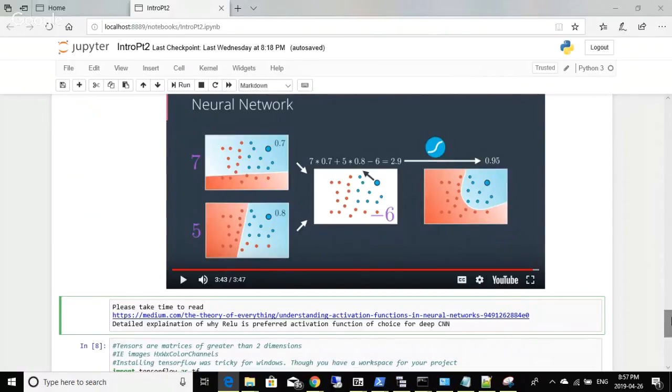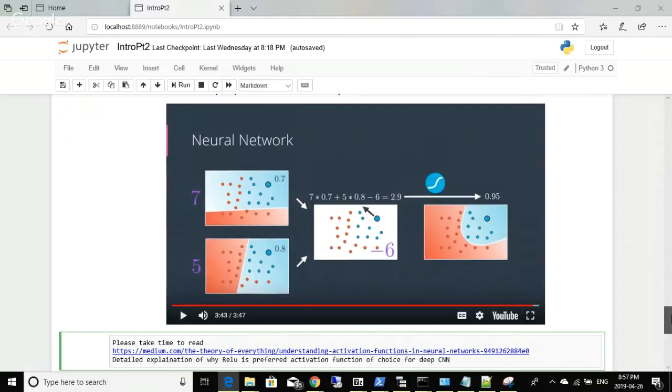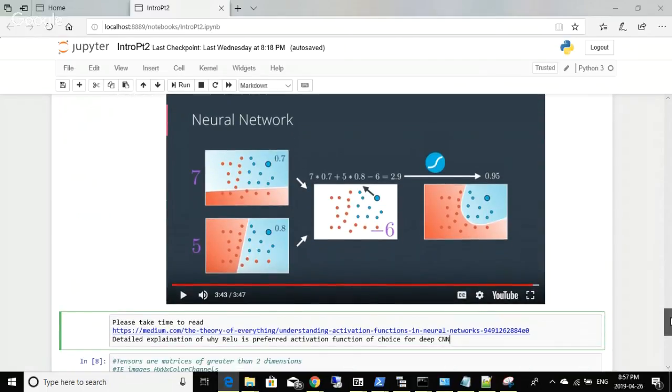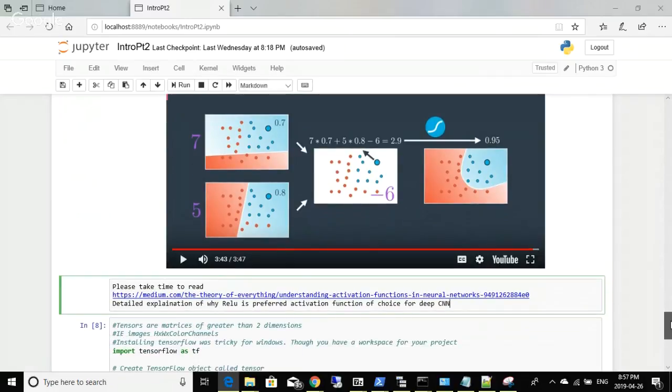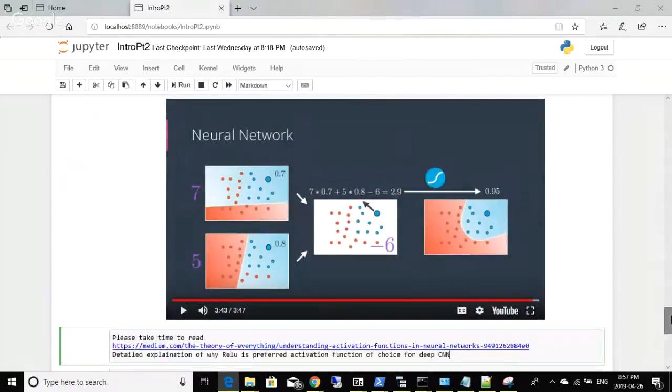You can imagine that not every pixel in the image is significant, and there are a lot of them, and you want a sparse activation, and that's why you would use ReLU.